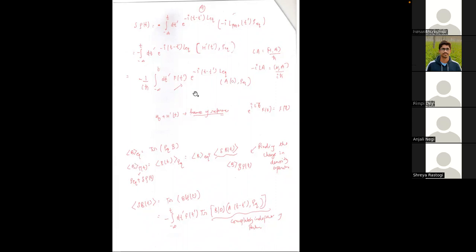Now, even if we do not apply this perturbation, the quantities are still fluctuating due to thermal fluctuation. So what we do is change the frame of reference. We have h0 plus h prime of t.